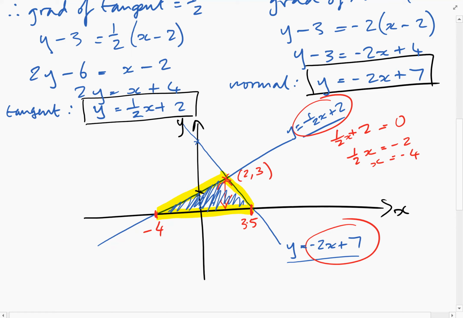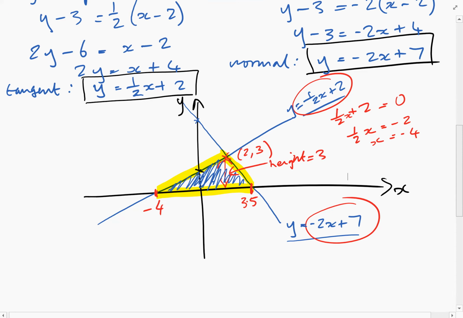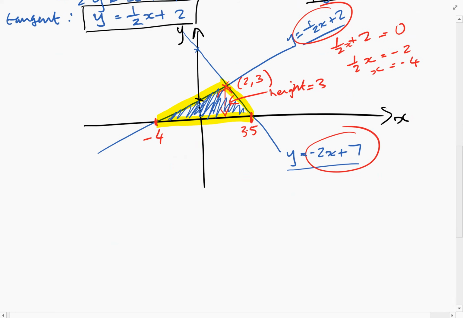So because we know that's the point 2, 3, we know this height is going to equal 3. Okay, so now we've got a triangle. We just need to work out the base times the height and half it.